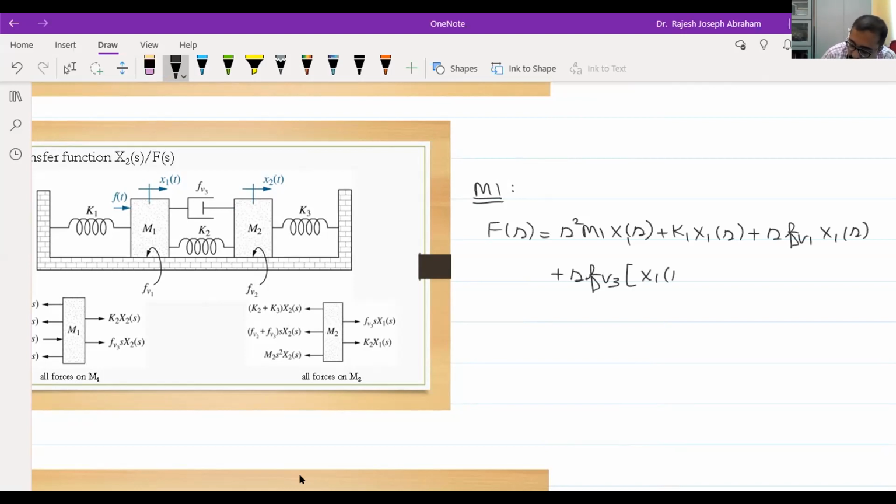Correct. Plus what's the force due to k2? K2 into x1 of s minus x2 of s. Correct.